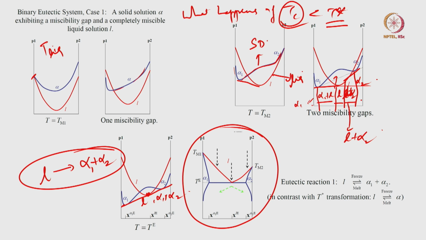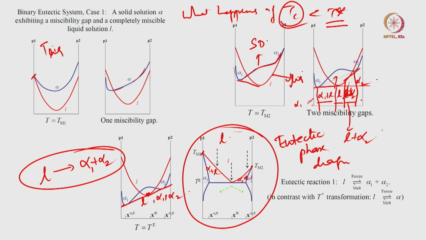this is what is called a eutectic phase diagram, where at high temperatures I have liquid that is stable. Liquid first transforms into the alpha 1 phase here, and into the alpha 2 phase here. These are the pure compositions, but the impure compositions start giving both alpha 1 plus liquid initially, and alpha 2 plus liquid on this composition side.